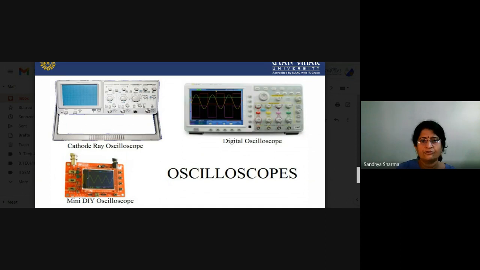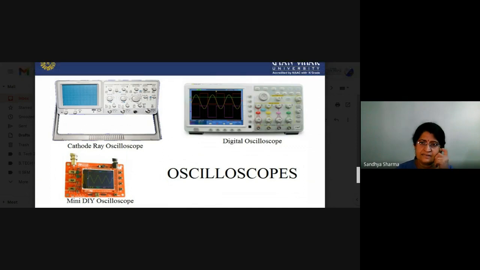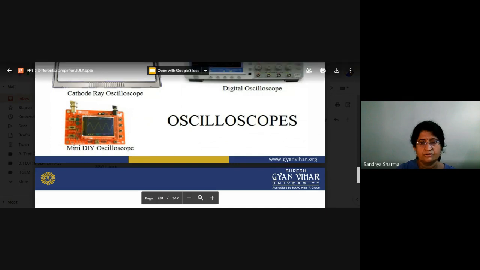This is a general purpose cathode ray oscilloscope. This is a digital oscilloscope. Here there is a memory part also, and our signals can be stored for a time. But in an analog CRO, we cannot store our signals. And now there is another enhanced version, the mini DIB oscilloscope.